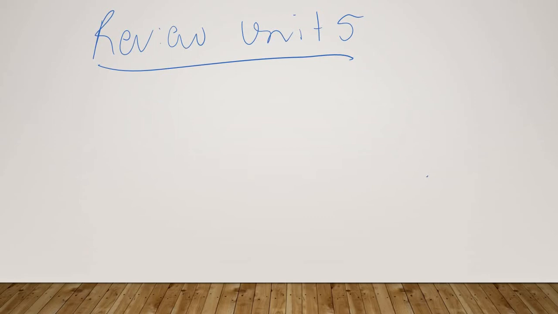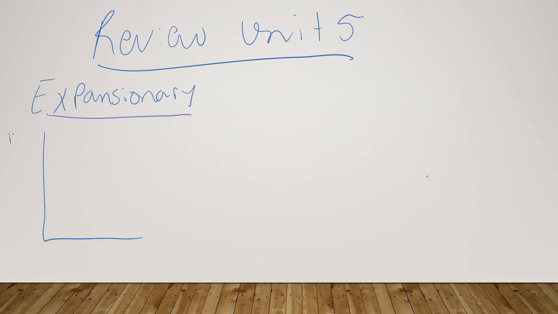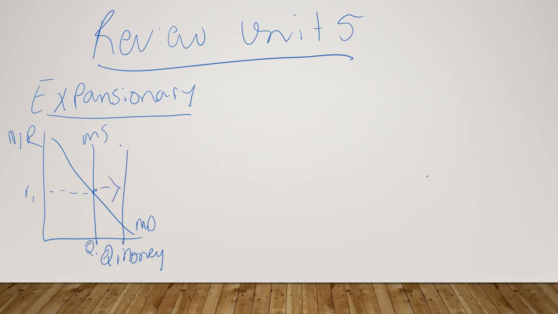Alright, when it comes to the money market and aggregate demand, aggregate supply graph, remember expansionary monetary policy, which we do on a money market graph as the money supply shifting to the right.